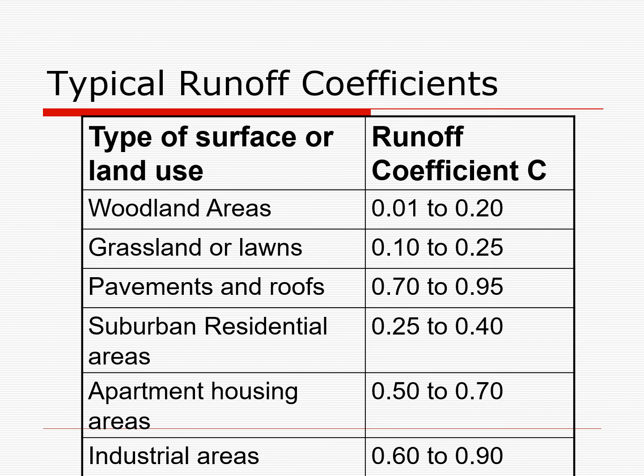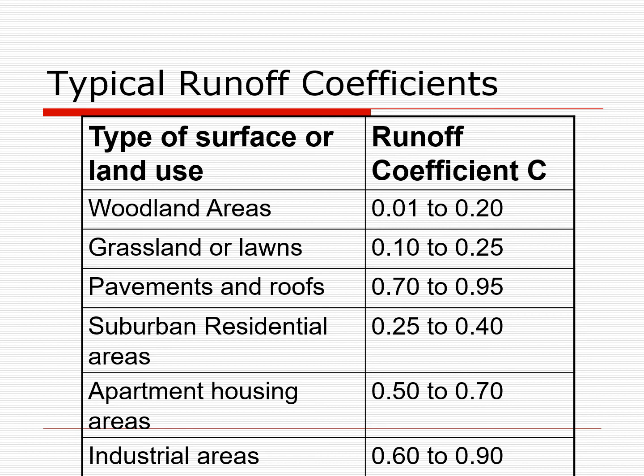There will be a grass strip along the road, or even a commercial building where I have a building with its roof and then I have a parking lot, but there's going to be some grass areas in that parking lot or some dirt areas or stone areas, and that's why it's not exactly 1, it's less than 1.